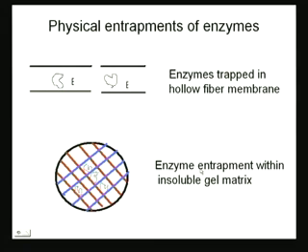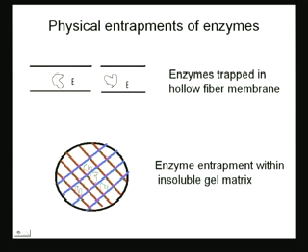Now, there are other kinds of enzyme immobilization, which are known as physical immobilization. One example is that you trap the enzyme in hollow fiber membranes. These hollow fiber membranes are very thin cylinders, like a bunch of cylinders in a shell and tube heat exchanger, except that the tube side is really small.